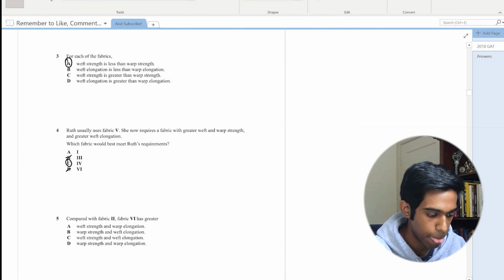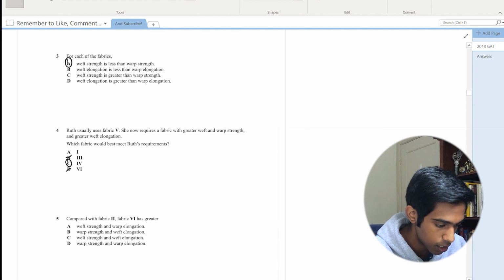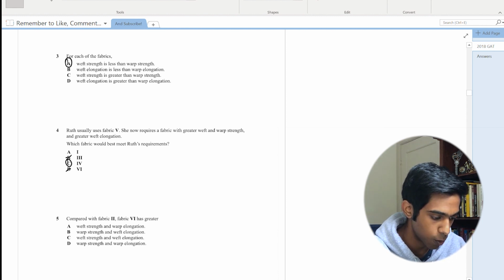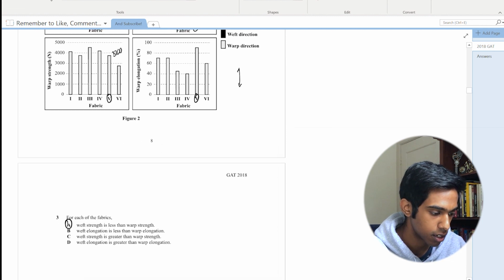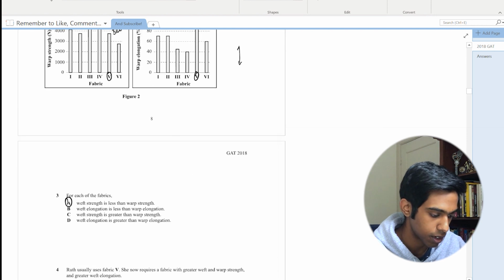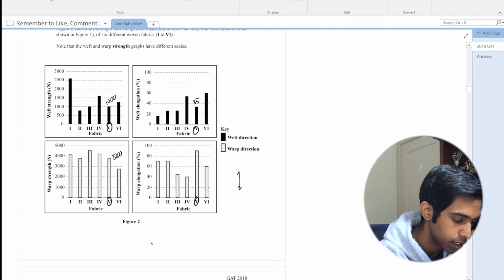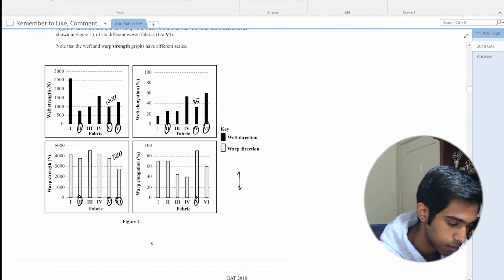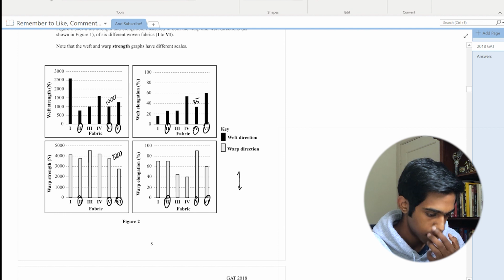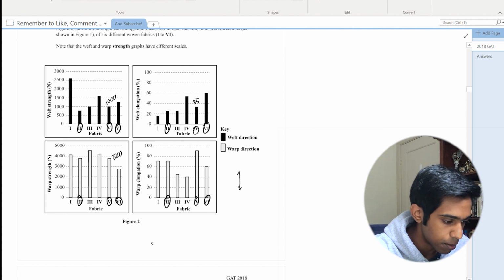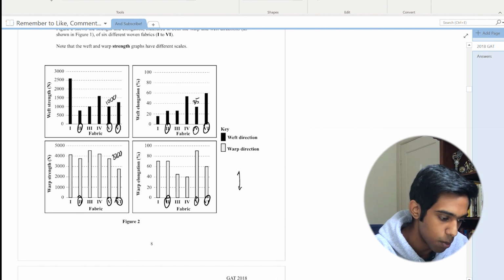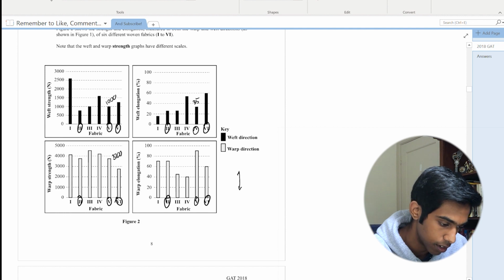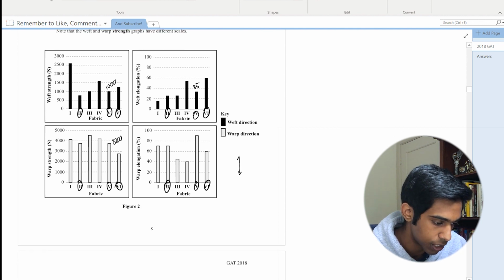Compared with fabric 2, fabric 6 has greater weft strength and warp elongation. We'll have a look at each of these. So fabric 6 and fabric 2. Okay. So now I'm going to look at these. I'm just going to circle these. Okay, so fabric 6 has greater weft strength, less warp strength, greater weft elongation, and less warp elongation.